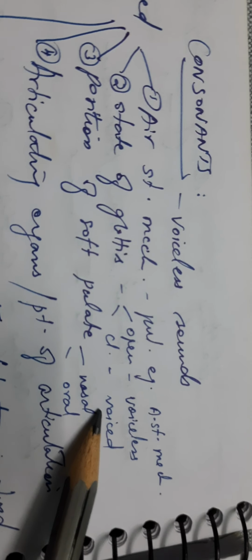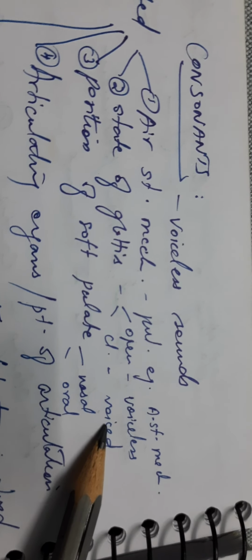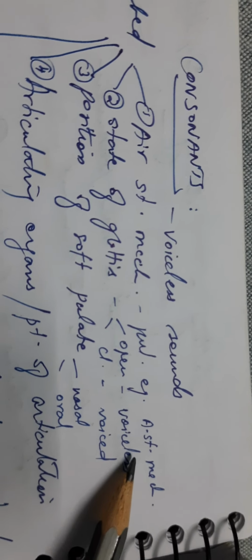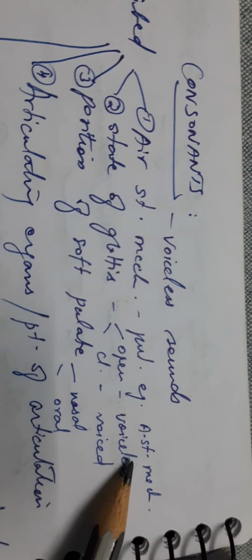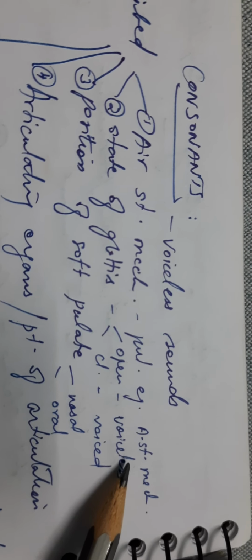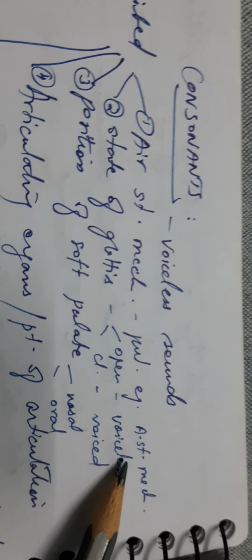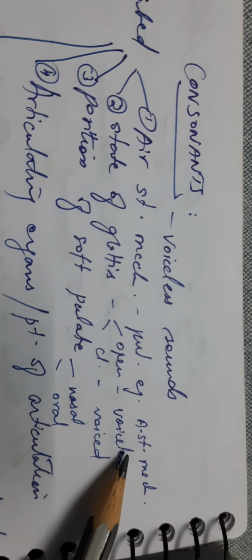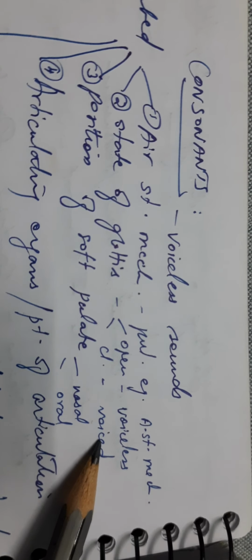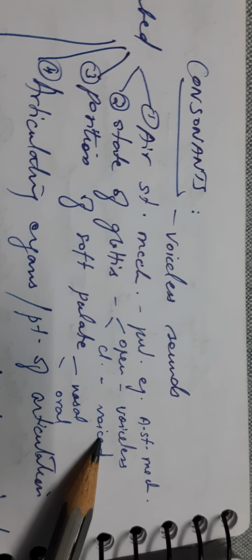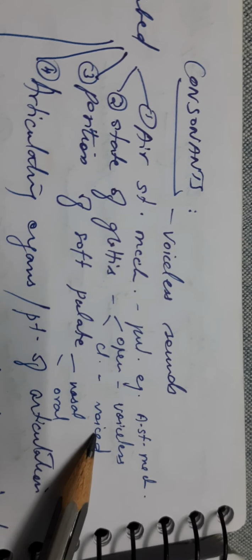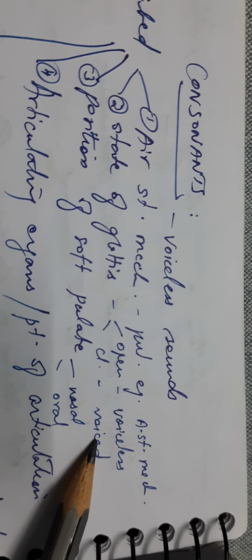I think you remember I asked you to check the two sounds p and b. P is a voiceless sound. When you pronounce p, you don't get any vibration when you touch your finger to the throat. Whereas when you pronounce a sound like b or g, you will get a vibration. That is called a voiced sound.